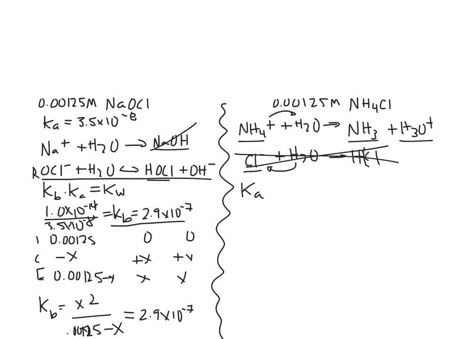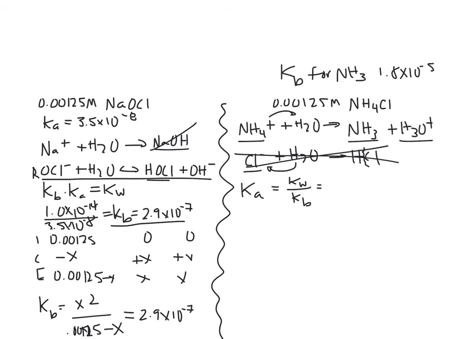Now earlier I saw that the Kb value for ammonia was 1.8 times 10 to the negative 5th. So we could use that information to help us find the Ka. Again, the Ka is basically just the Kw divided by the Kb.